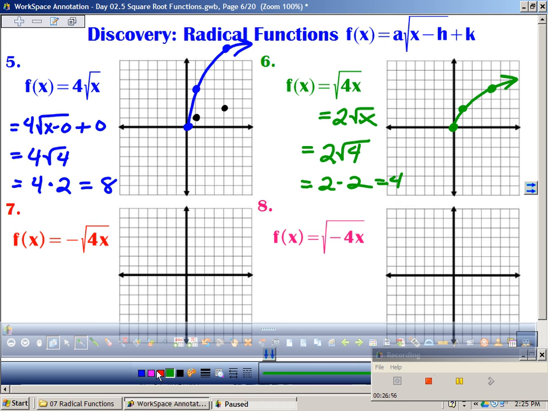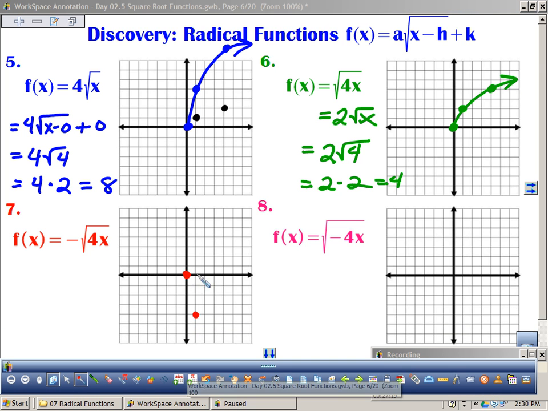Okay, what happened here? What happened with number 7? There's a negative on the outside. It's the same shape, so it starts at 0, 0. It's got a scale factor of 4, so instead of going over 1 up 4, I went over 1 down 4. So when I go all the way over to 4, how far am I going to go down?